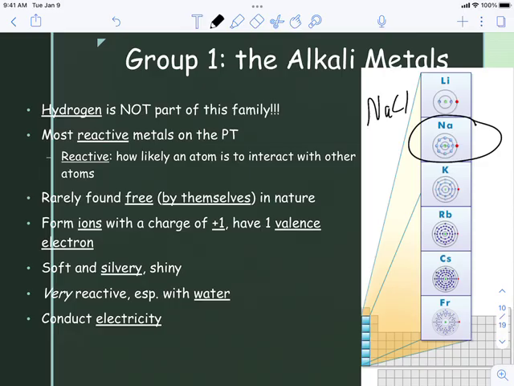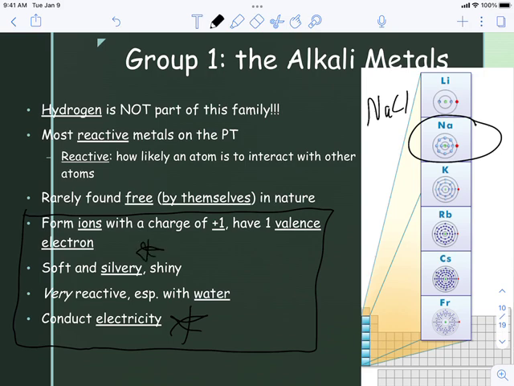This stuff down here, I'm not really worried about right now. That's just more information. We'll get to ions and stuff later on in the year. We already said about conducting electricity, and they're shiny.